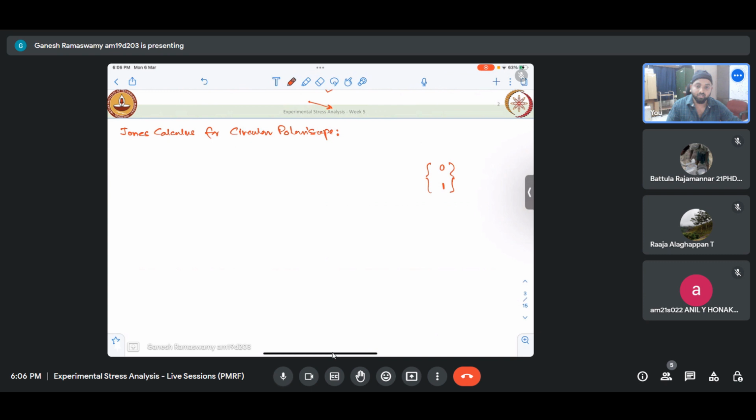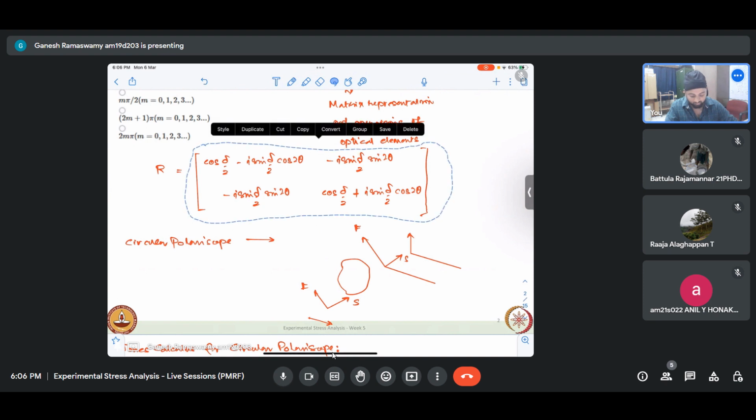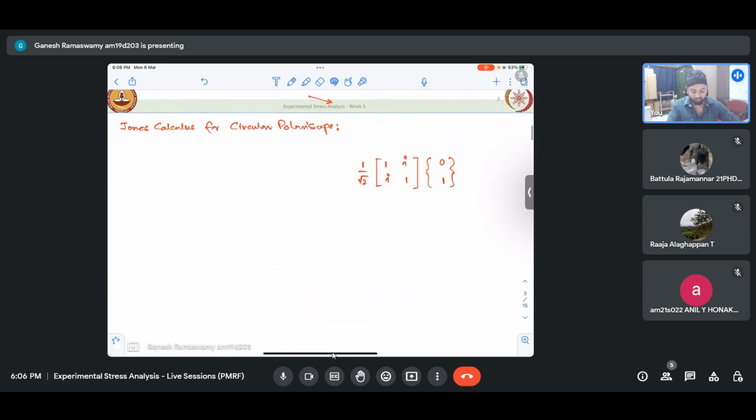Let us say that our first quarter wave plate has a slow axis aligned at 135 degrees. So we saw that its representation comes to 1 I, I 1. Then we have our general retardation matrix. This we will consider to be representing the model which we are looking at.